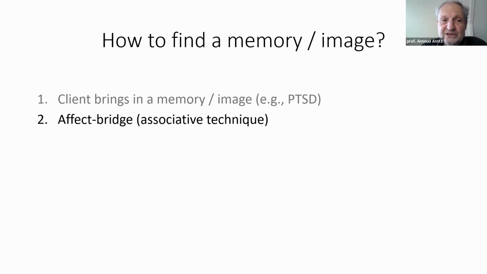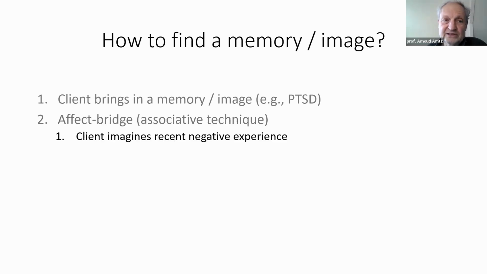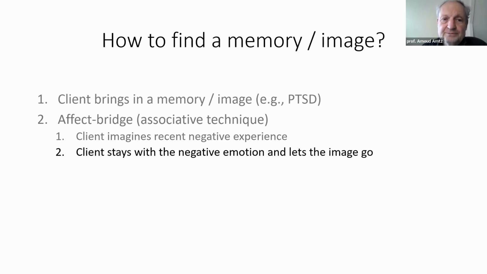More difficult are the patients that don't directly report what the memories are that are underlying their problems, yet you know there must be early experiences. And then you can use an affect bridge technique, which is an associative technique. The client imagines a recent negative experience. So the client closes the eyes and imagines something negative that happened, for instance, yesterday, as if it happens in the here and now.